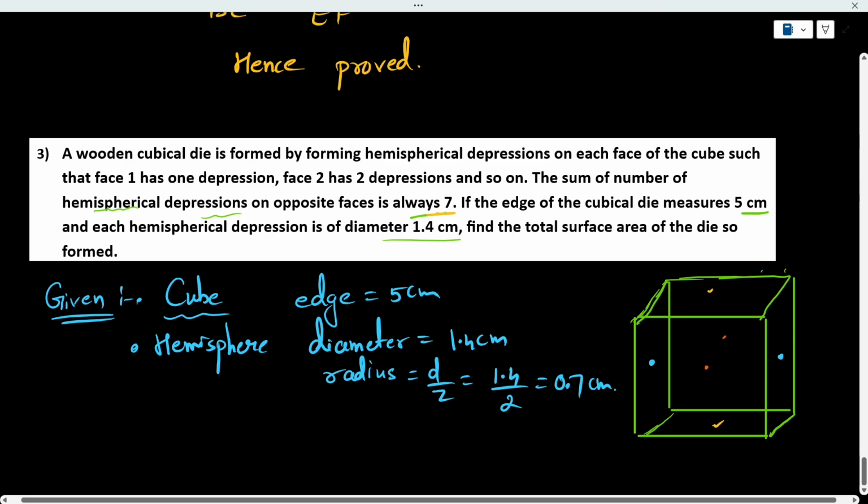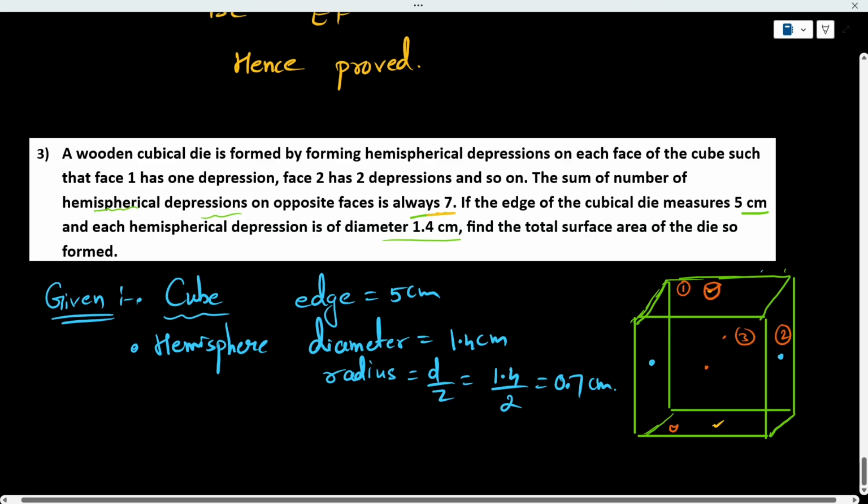If I draw the hemisphere on top and bottom, this is my first face, on the side is the second face, and the front face is going to be the third face. On the top face I draw one hemisphere, because face one has one hemisphere. What is the opposite face here? This is the opposite face.